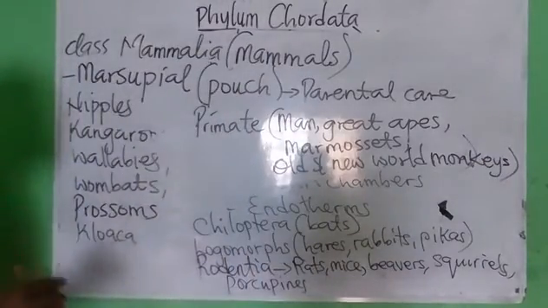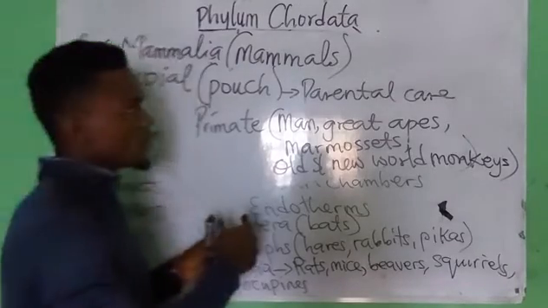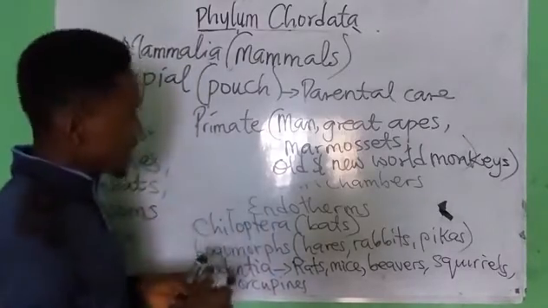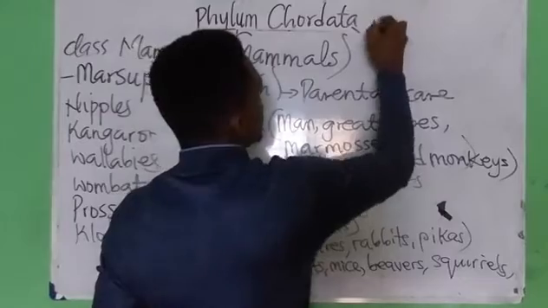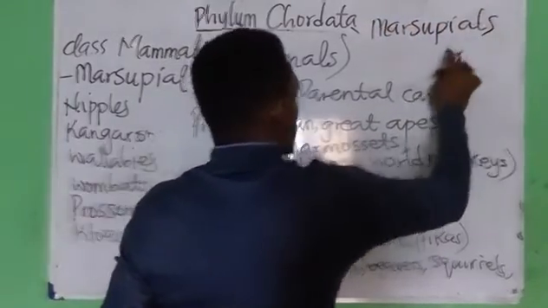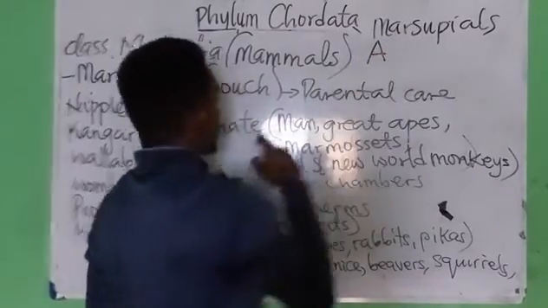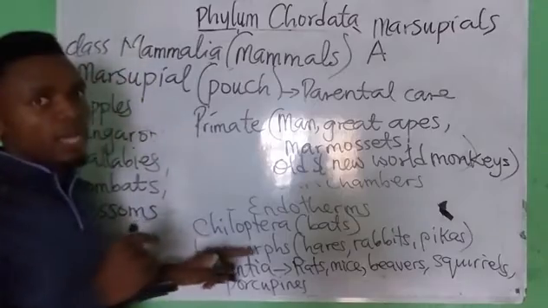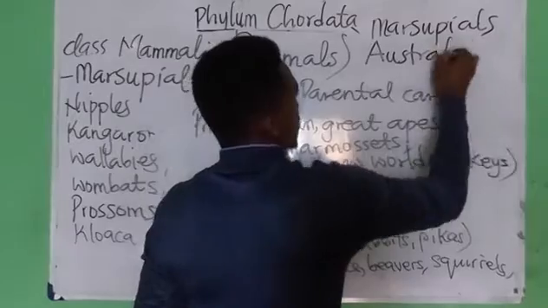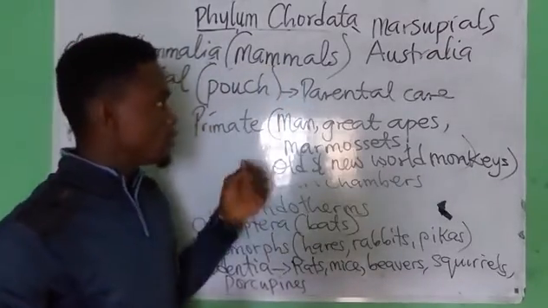Please take note that the marsupials in Australia have been eliminated from the eutheria. All right. Please take note that the marsupials have been eliminated from the other eutheria in Australia.